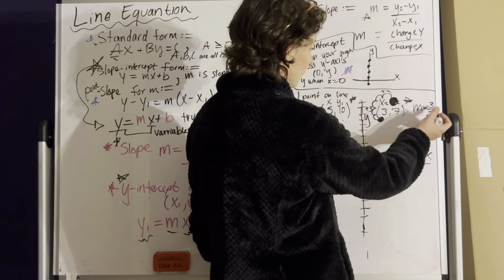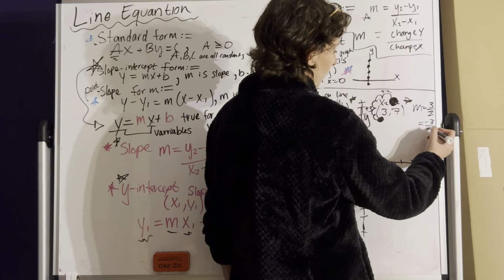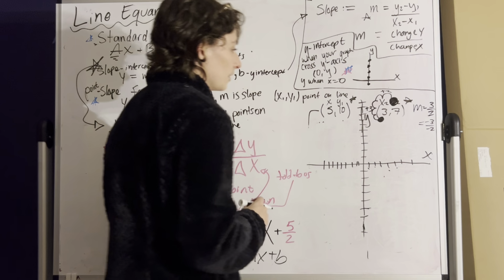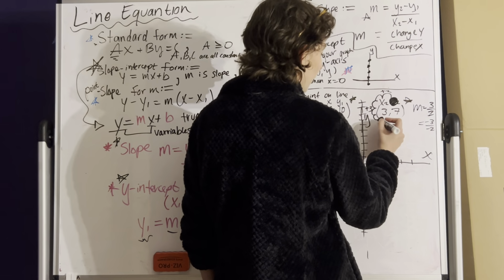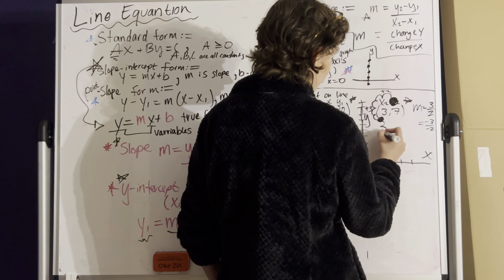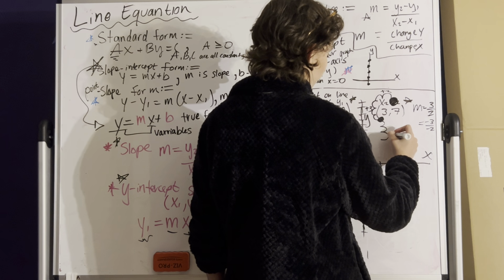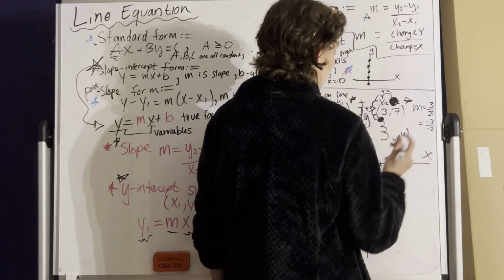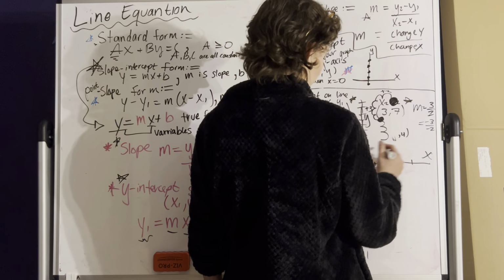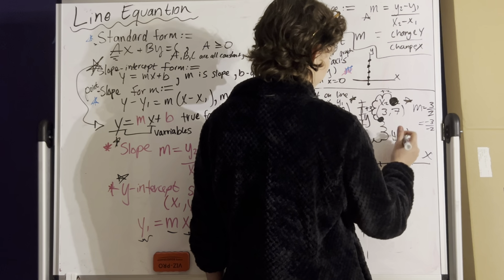So this is also the same as moving down 3 and moving left 2, because these are our equivalent fractions. So we can go 1, 2, 3, and so we'll go from 7 down to 4. Sorry. And then, let's see, we're going left 2. So we're going from 3 to 1.